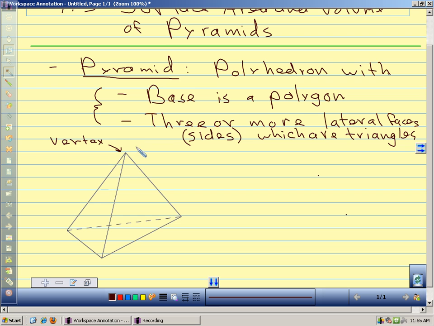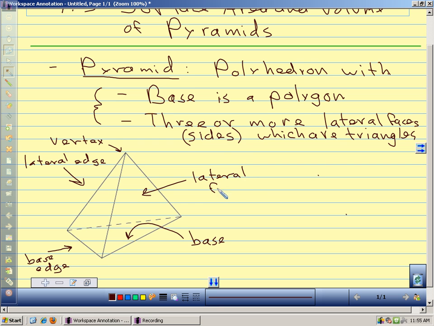So our tip is a vertex. This is a lateral edge. Down here we have a base edge. The triangle down here at the bottom is our base. And this is a lateral face, or a side.